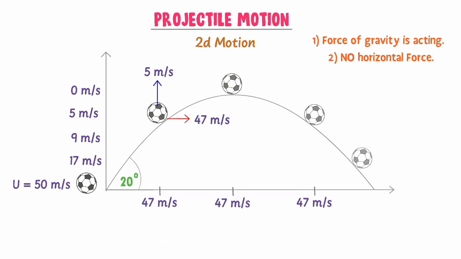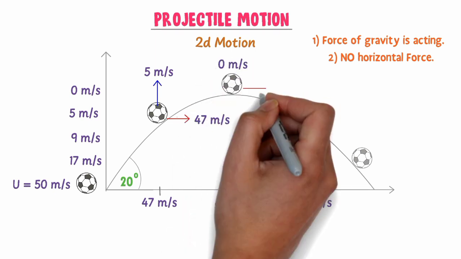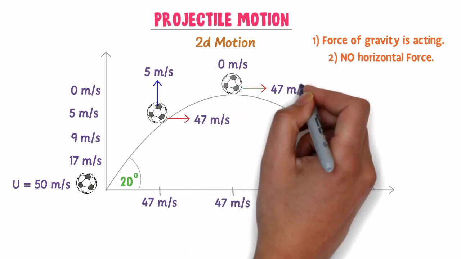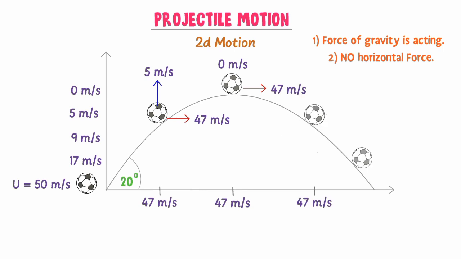At maximum height, the vertical motion of the ball becomes 0, but the horizontal motion of the ball is still 47 meter per second. Remember that at maximum height, the motion of the ball is not 0 because the ball still moves with 47 meter per second in horizontal direction. Only the y component or vertical component of motion is 0.